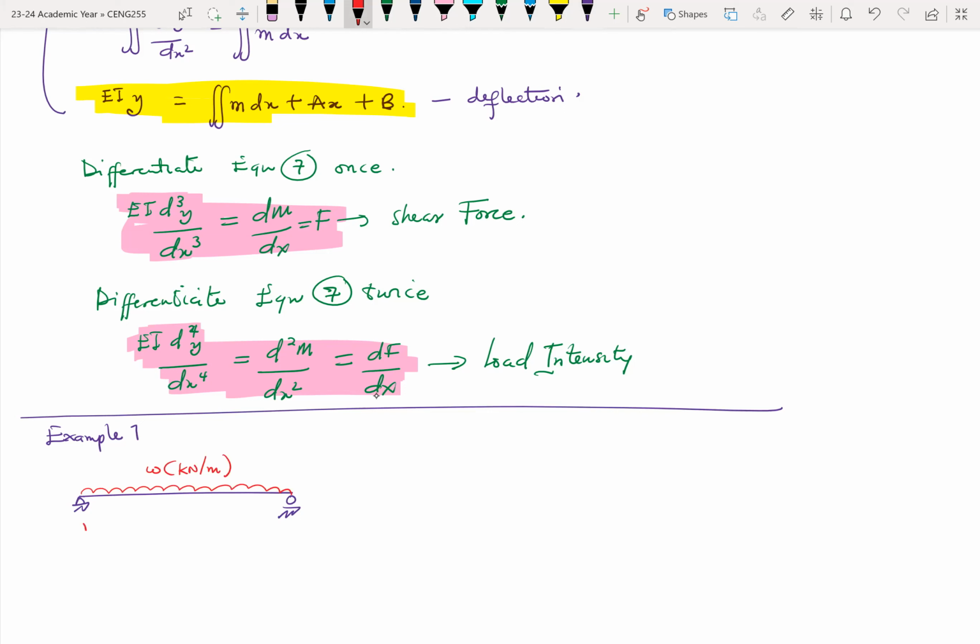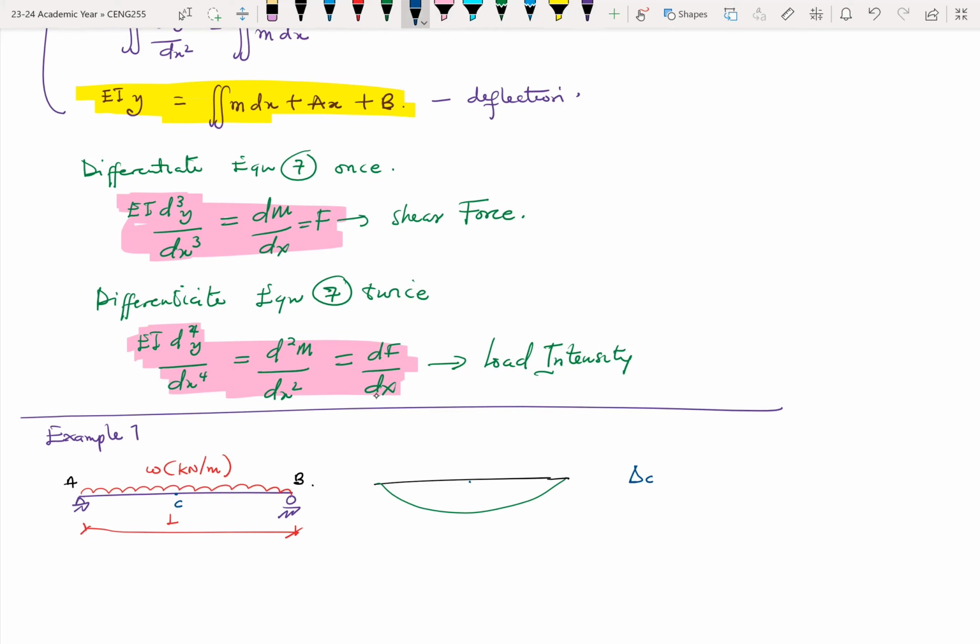We don't know what that value is. This is our length L. This is A, and that is B. Okay. The deflected shape would be something like this. Let me just draw it on the side. So this would be the deflected shape. Okay. So let's look for a point at the midpoint C, and then we want to find the deflection at C. So we want to find delta C.